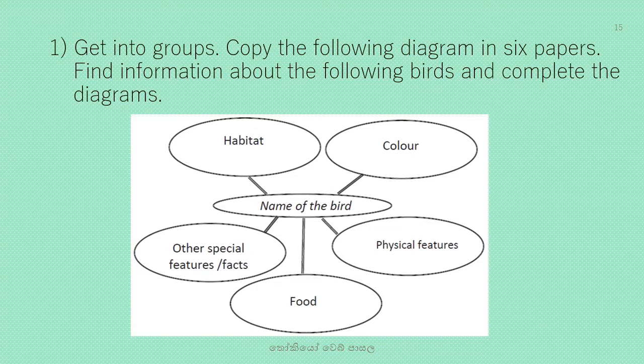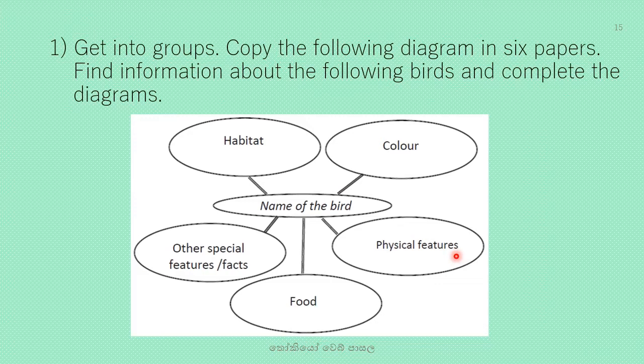First you need to include the name of the bird, and then you need to say the color. What are the colors of the particular bird? Physical features. There can be different physical features related to different birds.